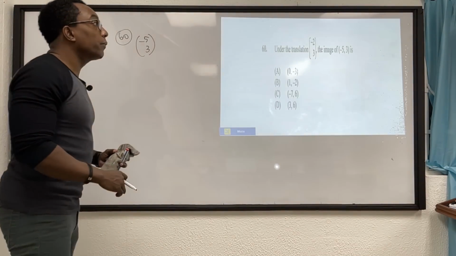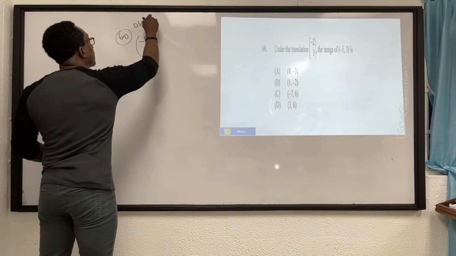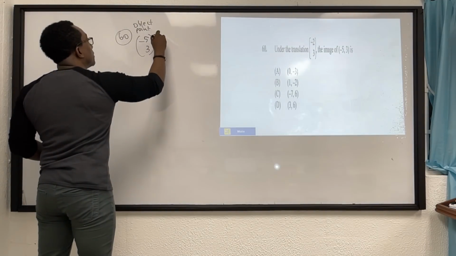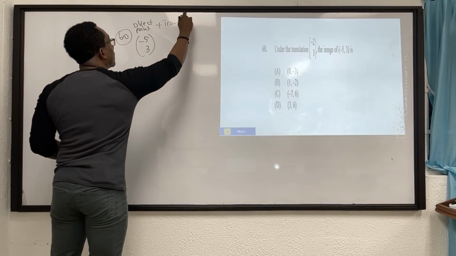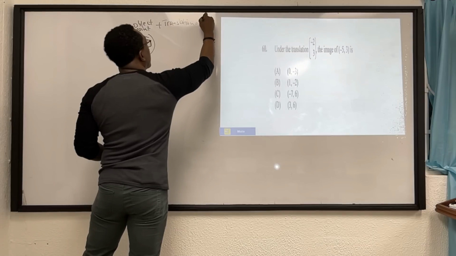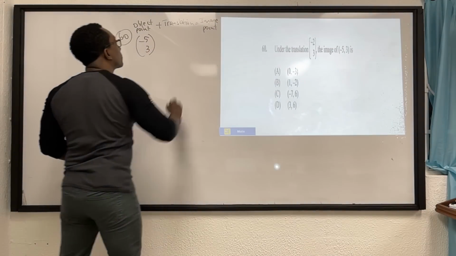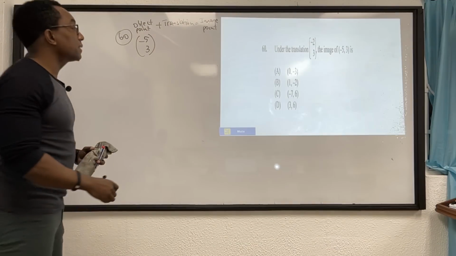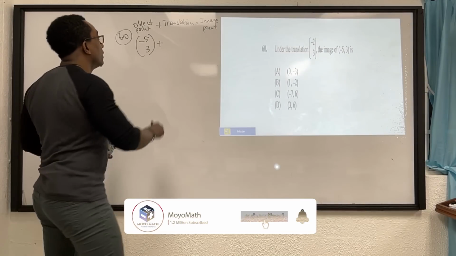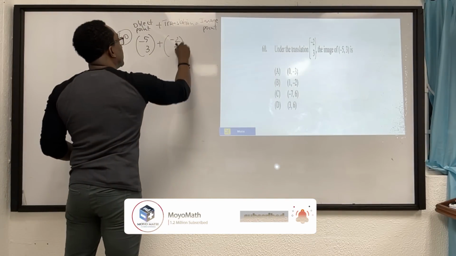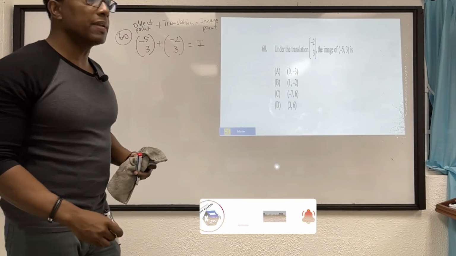The equation for translation is object point plus the translation is equal to image point. The object point is (-5, 3) plus my translation, which is (-2, 3). That will help me determine the image of that point.